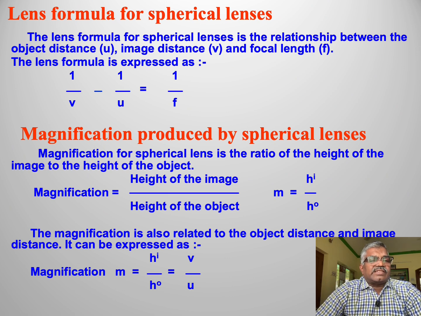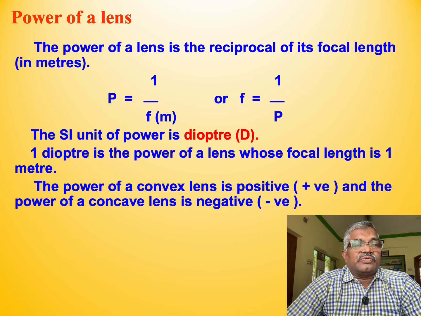Here this is the lens formula: 1/v - 1/u = 1/f. So, a slight difference between the mirror formula and the lens formula. Magnification is the same: height of the image over height of the object, m = hi/ho, but here m = v/u, not negative.